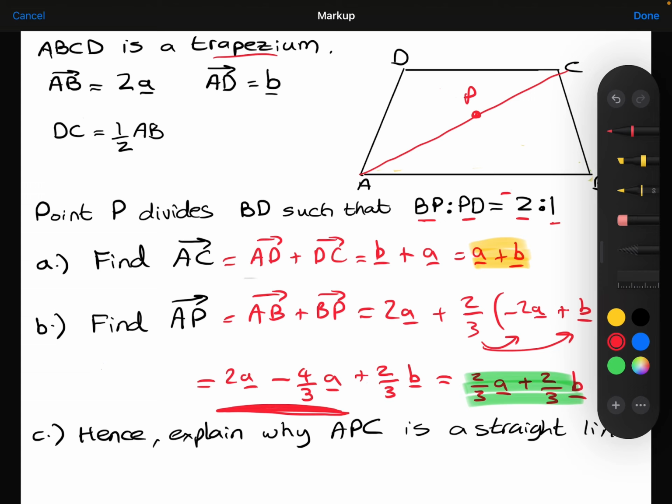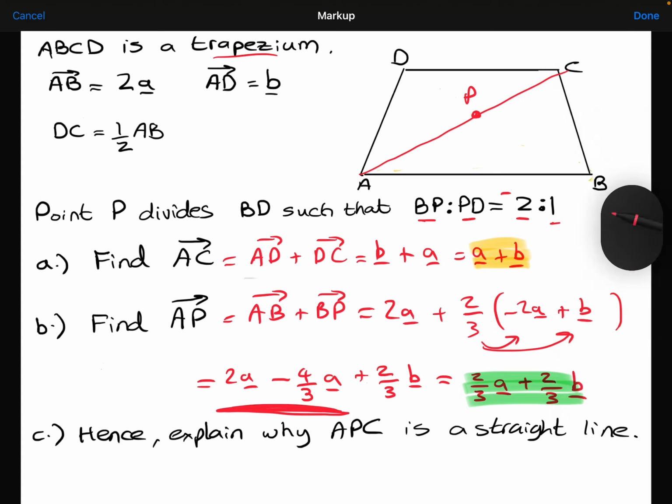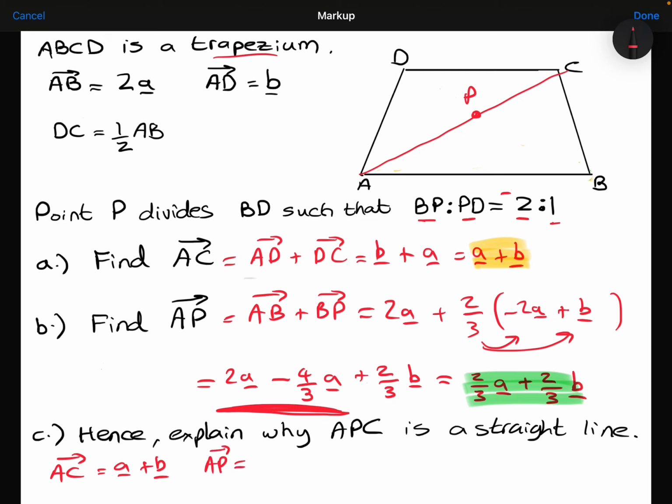I've said that AC is a plus b, and I've said that AP is 2/3 a plus 2/3 b.